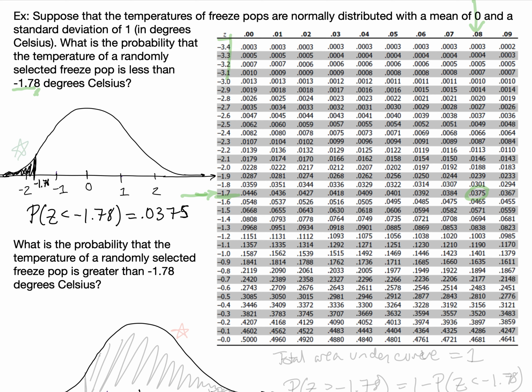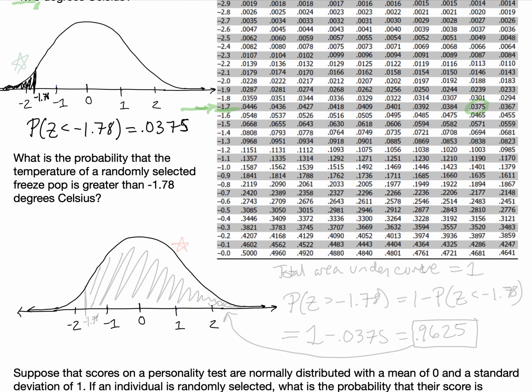These tables always give the probability that z is less than a particular value. So if we want to find the probability that z is greater than a particular value instead, here we want the probability that this freeze pop has a temperature greater than negative 1.78. So now we want this probability instead, this larger shaded region.